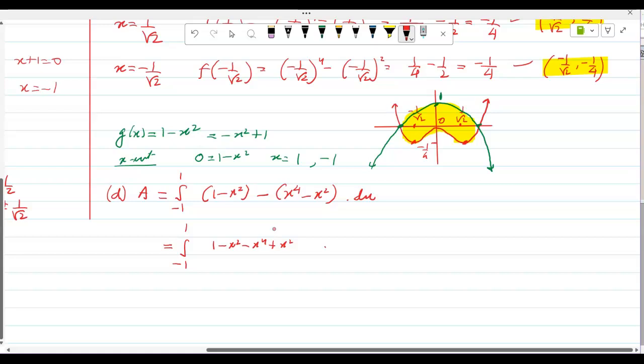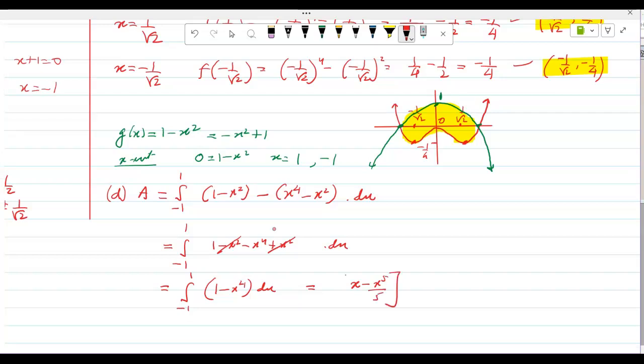Open the bracket, and you just plug that in. No, you integrate first, then you plug it in. Many children just plug it in. So the integral of 1 is x, and x to the 5 upon 5. First you open up the brackets and simplify, so unnecessary extra terms will go.